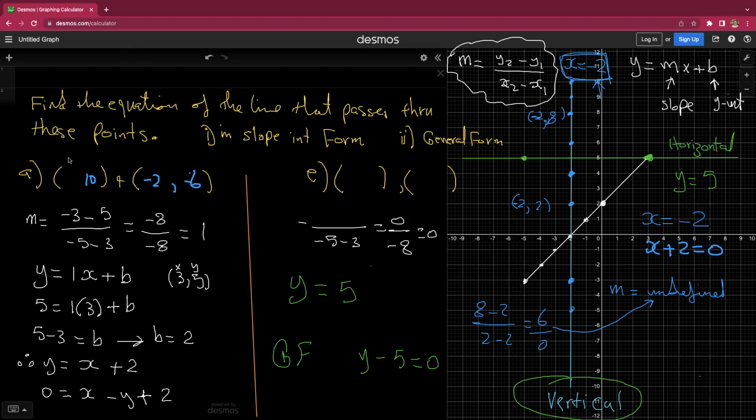So find the equation of this line the same way I did it with the other points right here. I'll give you 5 minutes, 10 minutes to do it. Okay.